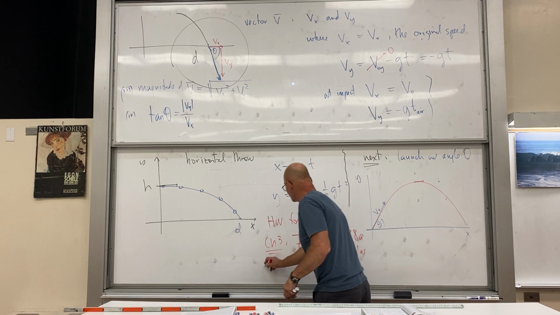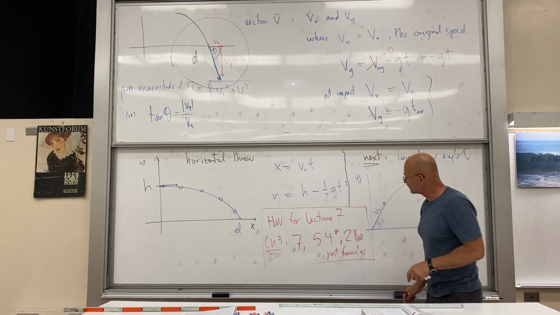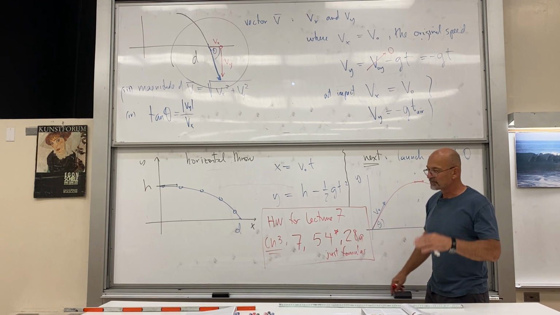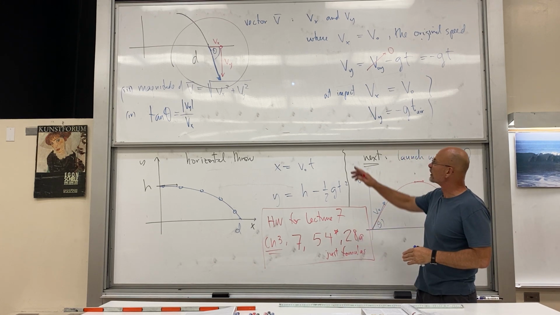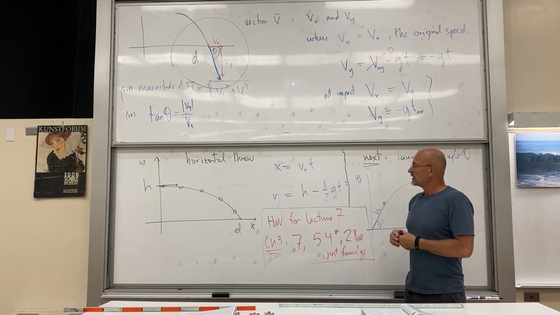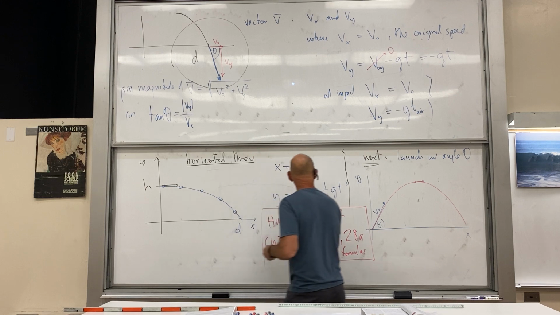This is a good little assignment. It's all about the horizontal throw. This one here is actually a horizontal waterfall. And when water flows off a cliff, if it's not too fast, it does the same thing as when you throw something. Good. So we're going to specialize in this for this lecture.